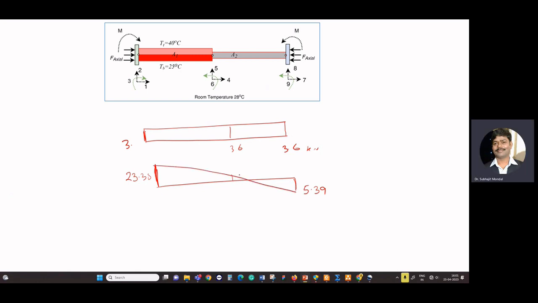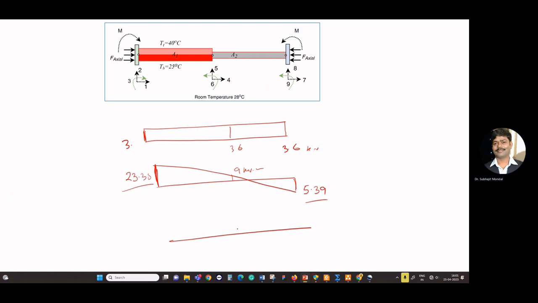Here the values are 23.38 and here 5.39.